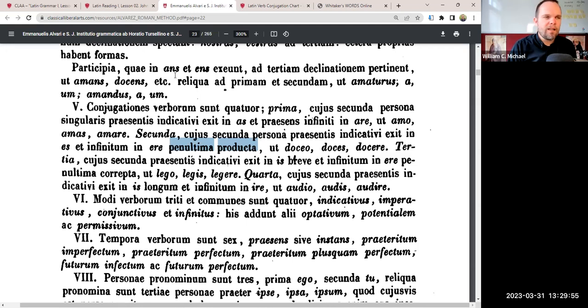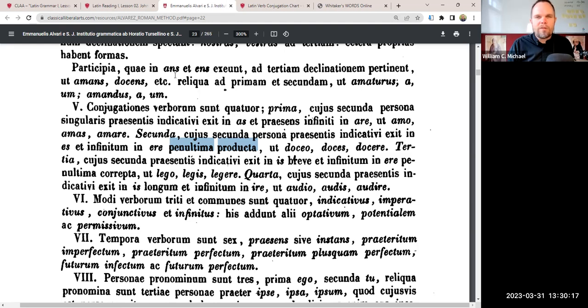Penultima means in English penultimate, and that's totally not helpful. But it's an English word, penultimate. It means second to last. The reason why it means second to last is in Latin, there's a word pene, which means almost, and ultima means last.